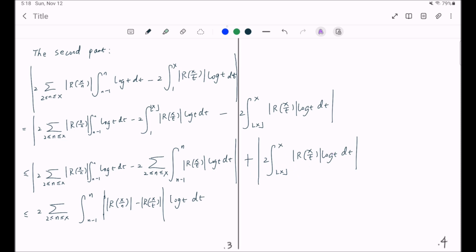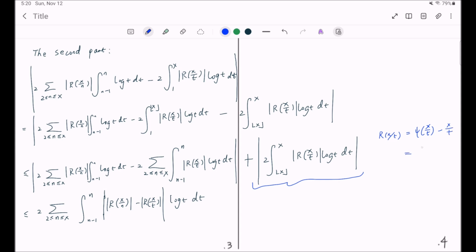What about this? This guy can easily be bounded because the upper limit minus the lower limit for this integral is bounded by 1. Log of t is less than or equal to log of x. And R of x divided by t, by definition, is psi of x divided by t minus x divided by t.